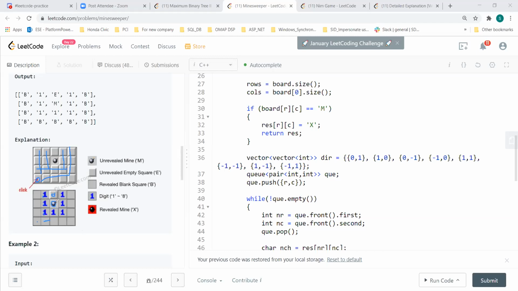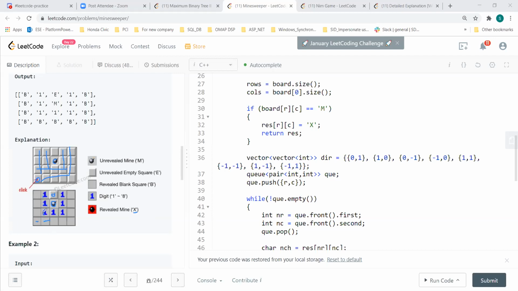In that case, all of the empty squares will stay as they are, but only your mine will be marked as X. So this process happens if you click on a blank square. If you click on a digit, then only that digit will be revealed and nothing else. The digit initially is also a blank space.